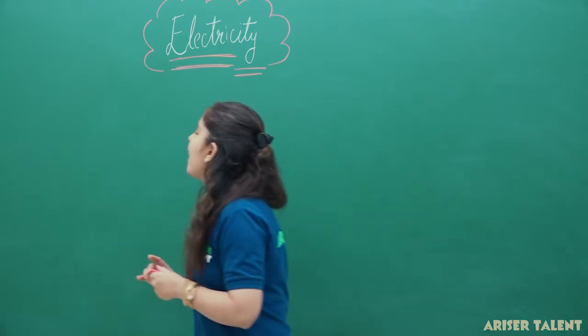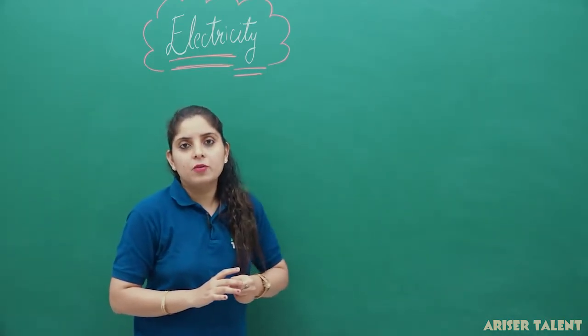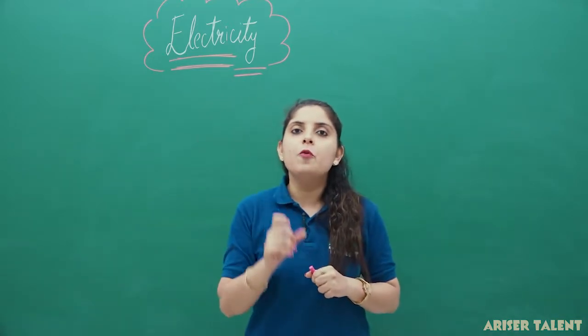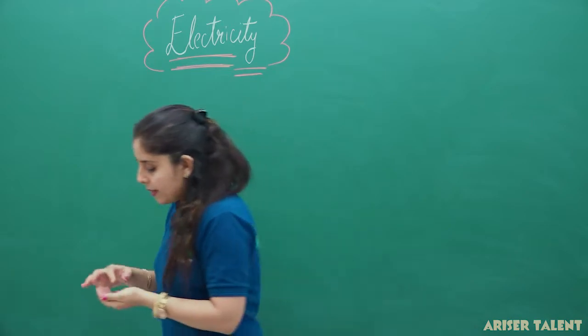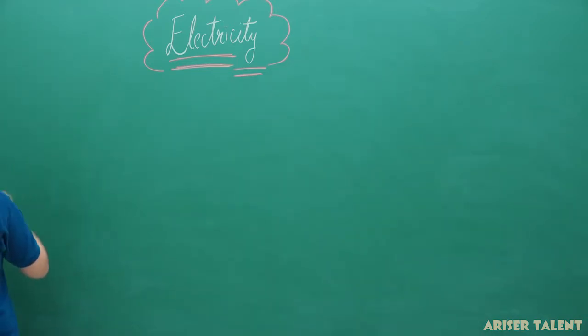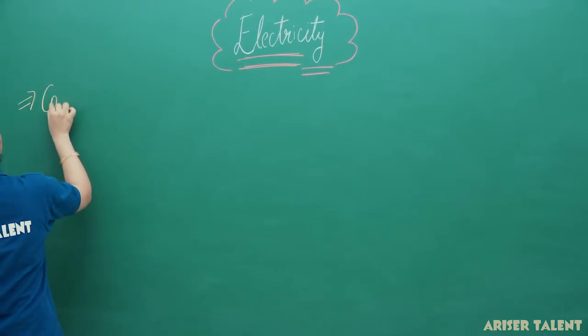So, in defining any circuit, the basic quantity that we have used is the cell. So, the first and foremost component that we have discussed is the cell. So, here we have components of electric circuit.